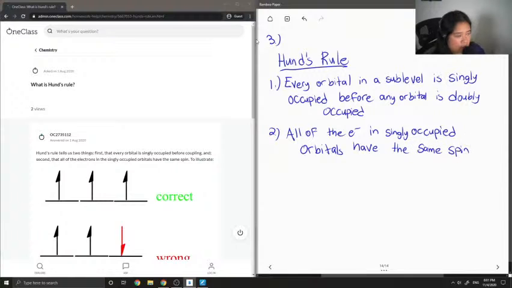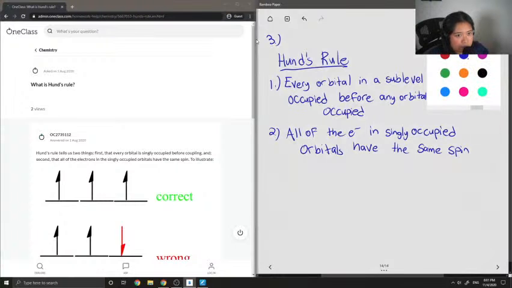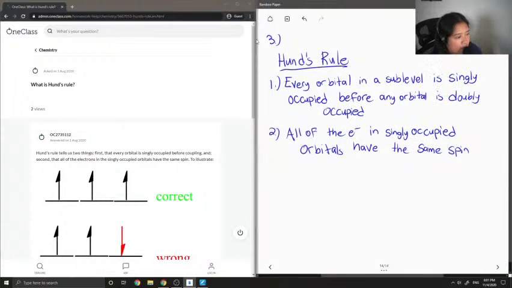Okay, so this makes more sense when you actually put it into practice. So let's look at oxygen, for example. The number of electrons in total for oxygen is 8.